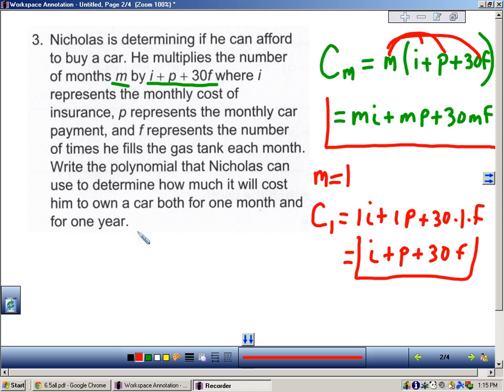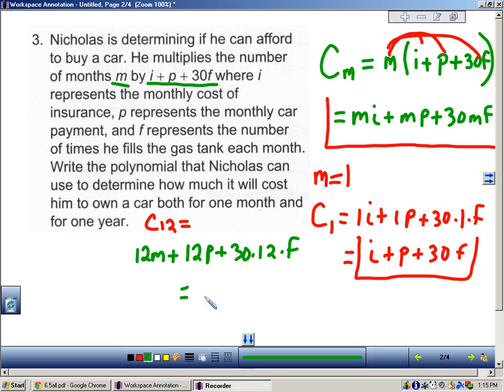And then the next final answer would be at 12 months, and I don't know if I'm going to have enough room there, so I'm going to write the expression below it, change the color. Again, I'm using this expression here and substituting 12 for m. It would be 12m plus 12p plus 30 times 12 times f.